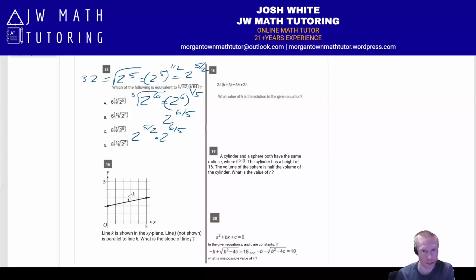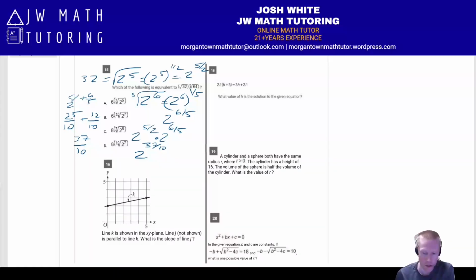So we have 2 to the 5/2 times 2 to the 6/5. We multiply those together, so we add the exponents. When you add 5/2 plus 6/5, you have to get a common denominator of 10. So it's going to be 25 over 10 plus 12 over 10, which is 37 over 10. So you get 2 to the 37 over 10.